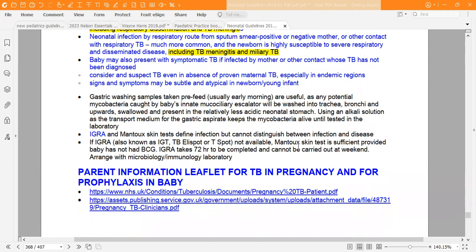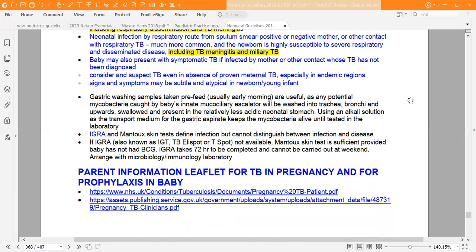Gastric washing samples taken pre-feed, usually early morning, are useful as any potential mycobacteria caught by the baby's innate mucociliary escalator will be washed into the trachea, bronchi, and upwards, swallowed, and present in the relatively less acidic neonatal stomach.